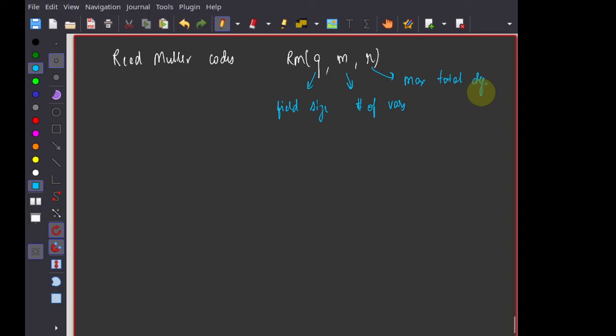Okay? But so far I have not specified any polynomial. In fact, I'm not going to specify any polynomial. So the Reed-Muller code is obtained by taking the evaluation of all possible polynomials of max degree at most R at all possible values of the variables.